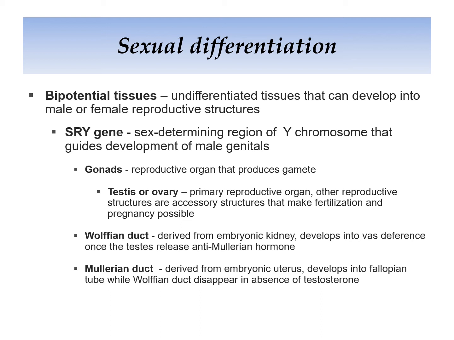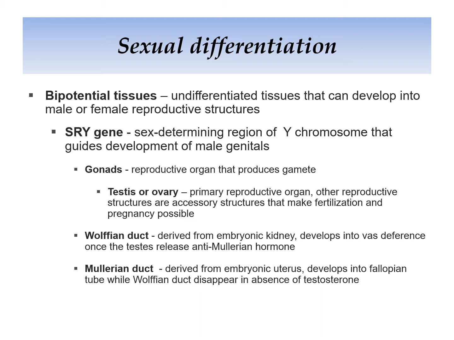So this critical gene, the SRY gene, switching on usually around the 6th week of embryogenesis, is extremely critical. Because when it's switched on, it will facilitate the development of the gonads, which is your testis. If you don't have it, then it will continue to grow into ovaries. And then the various different ducts.